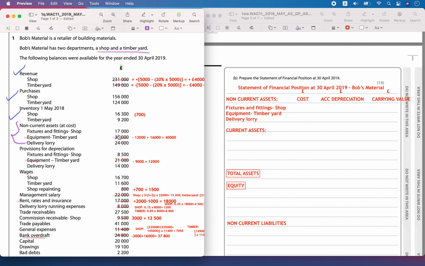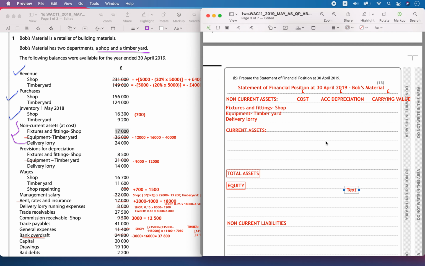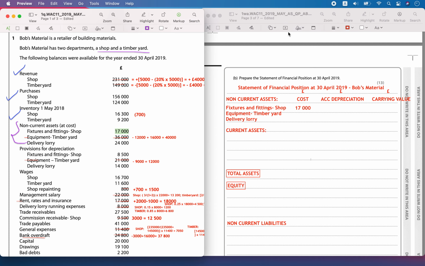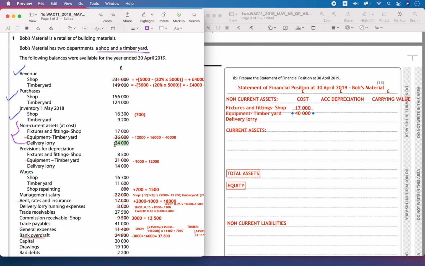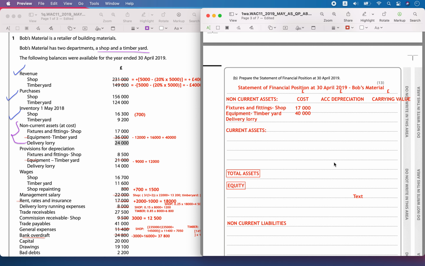For the shop fixtures and fittings, it is 17,000. For the timber yard equipment, we had calculated 40,000. For the delivery lorry, it was 24,000.